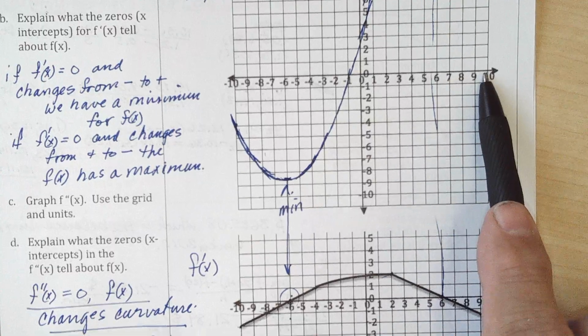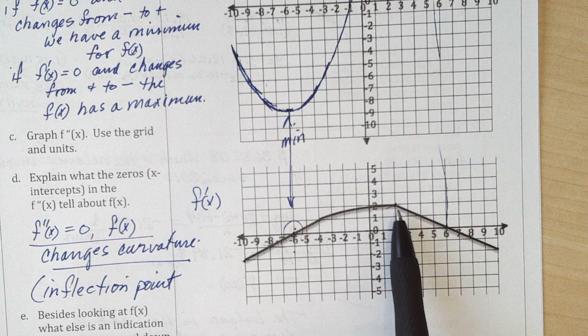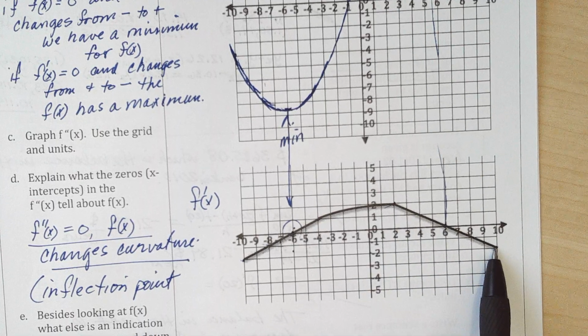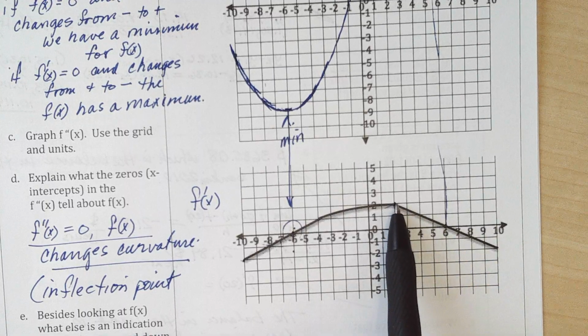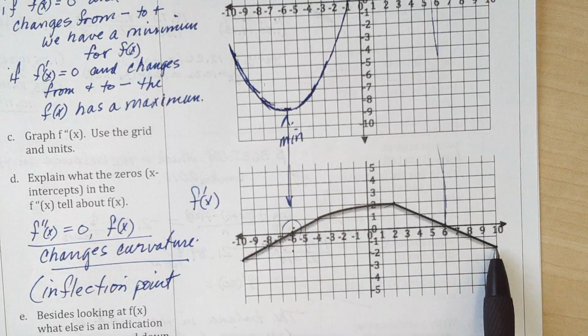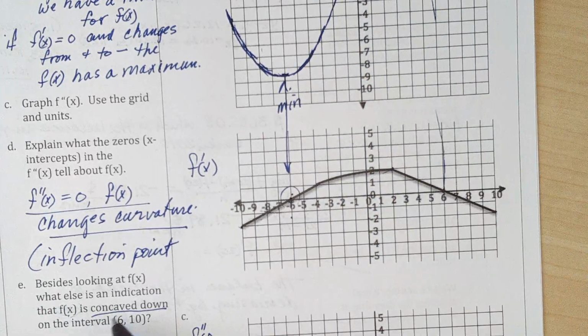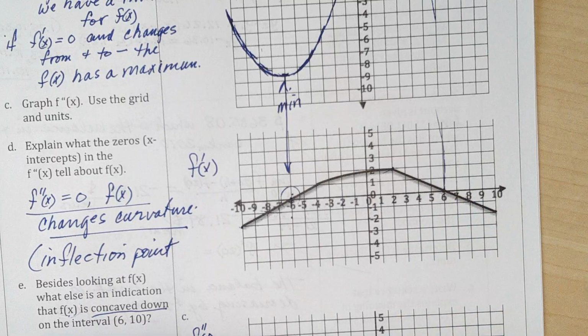But from 6 to 10, the second derivative is decreasing. And the first derivative is decreasing. It's decreasing from 2 to 10, and that's where it's curved down. So the first derivative is decreasing.